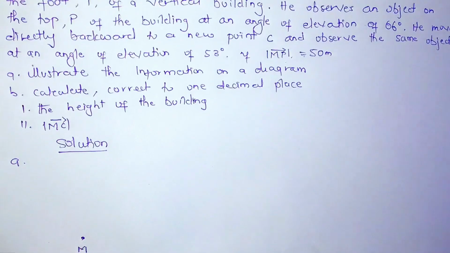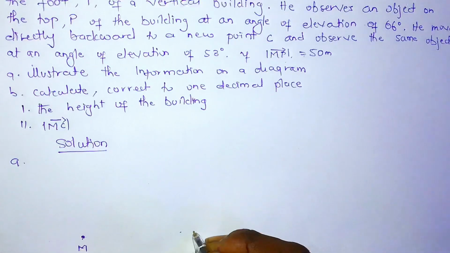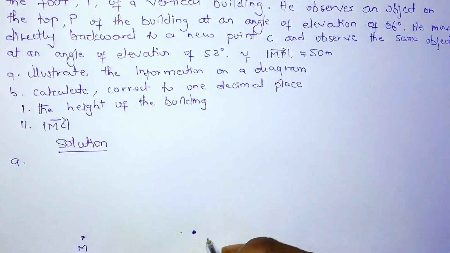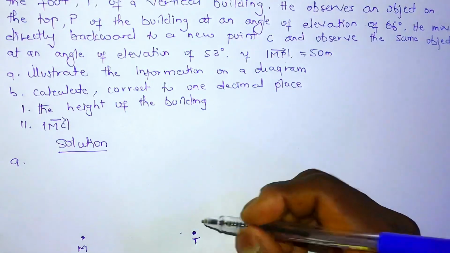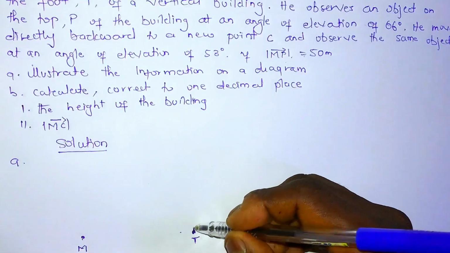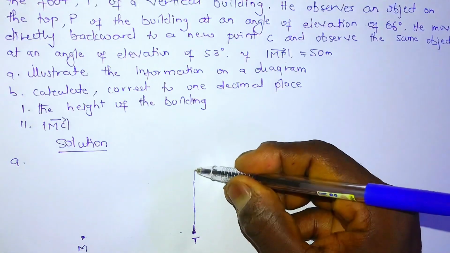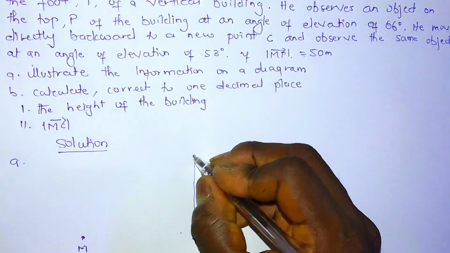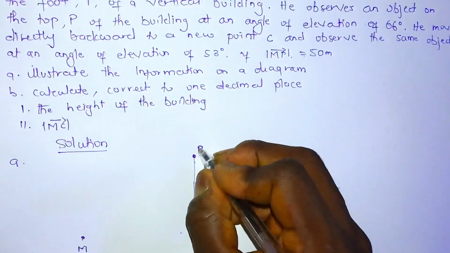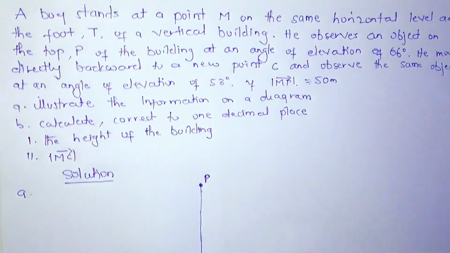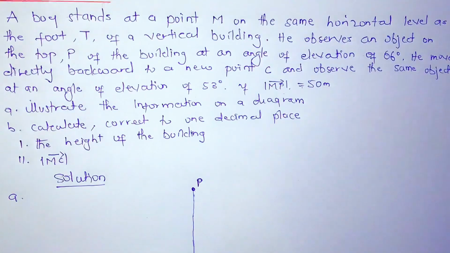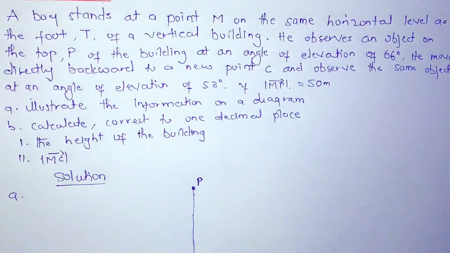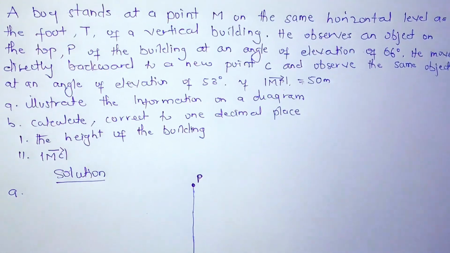So the same horizontal level, let's say there is a building here, and the foot of the building is T. So since a building will be tall, let's extend it, and the top of the building is P. He observes an object on the top P of the building at an angle of elevation of 66.